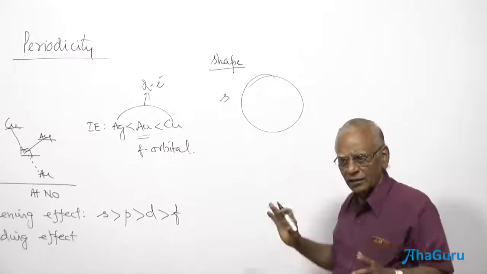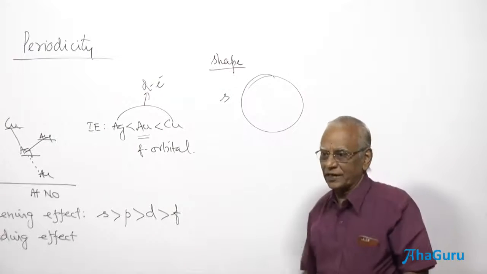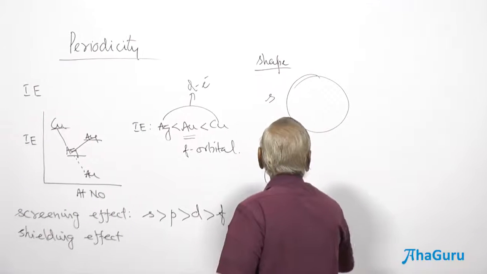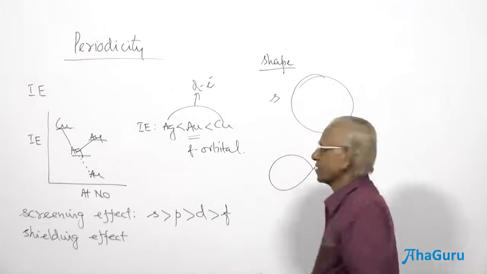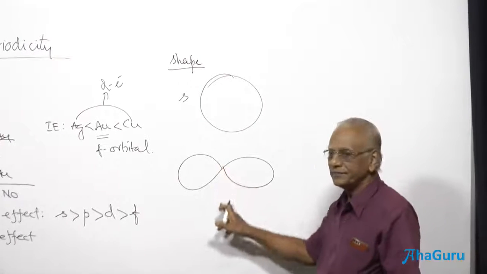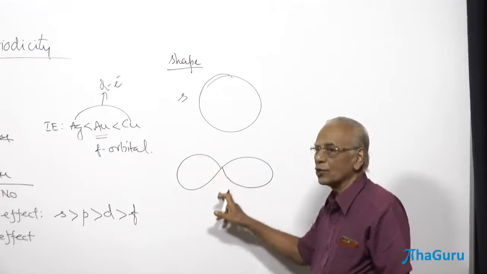But the moment you introduce a p electron, the nucleus is slightly exposed because the p orbital is not spherical, it has a dumbbell shape. It has got a nodal plane. Let us assume that the nucleus is going to be there at the nodal plane.